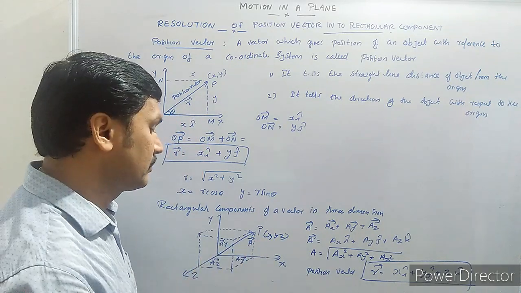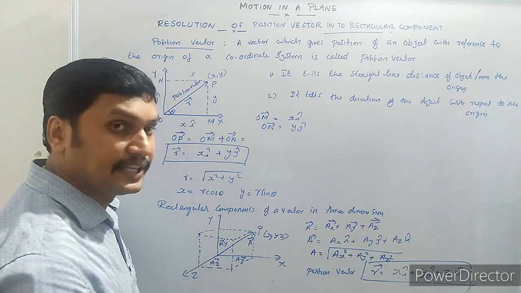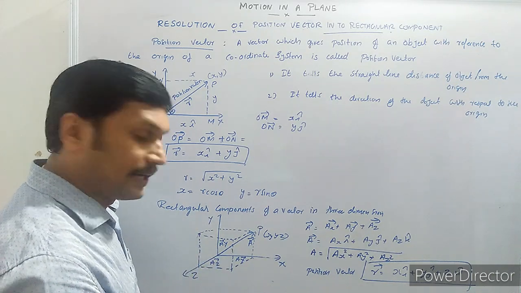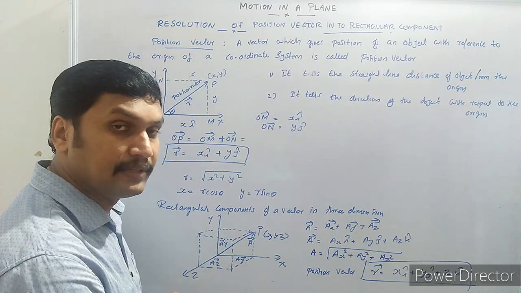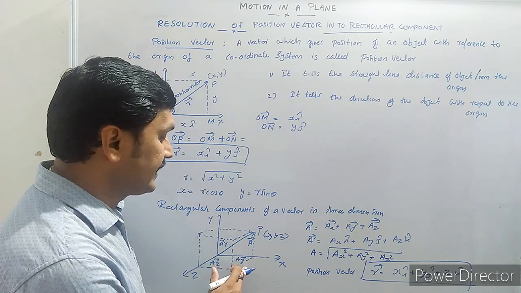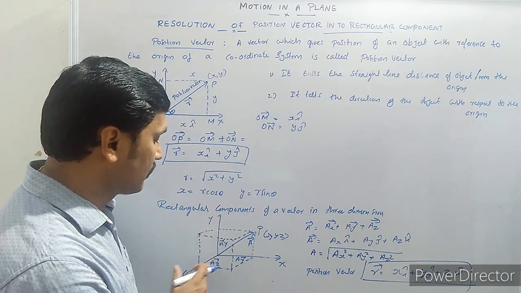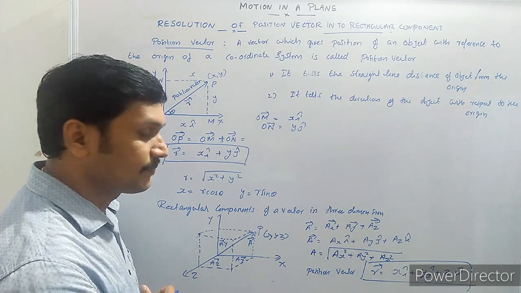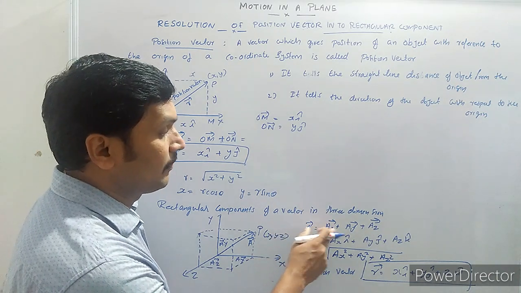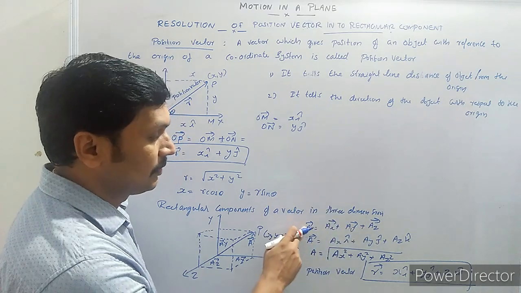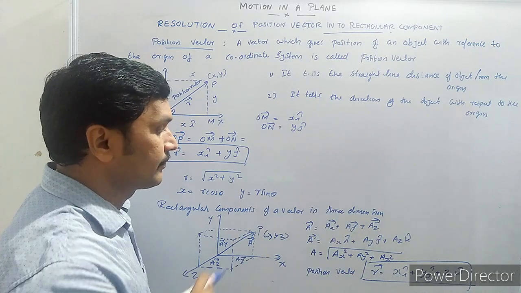Ax, ay and az are the vectors along the x, y and z axis respectively. The component along the x axis is ax, the component along the y axis is ay, and the component along the z axis is az. Now we can write this vector A is equal to ax plus ay plus az.